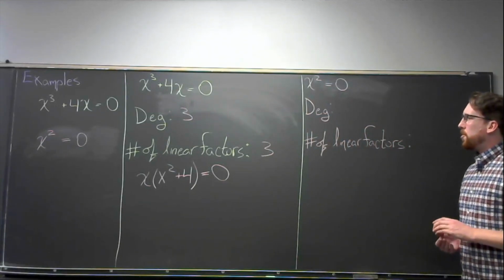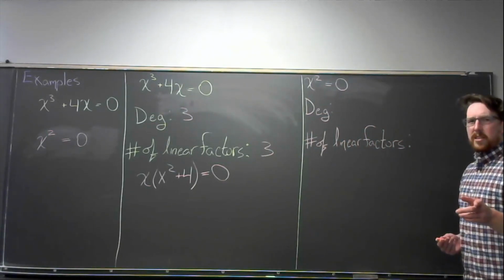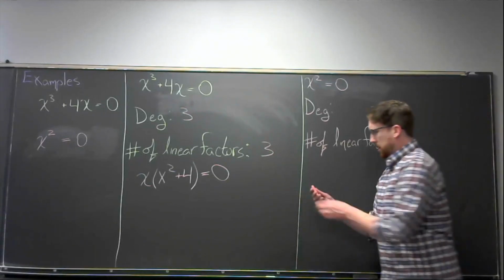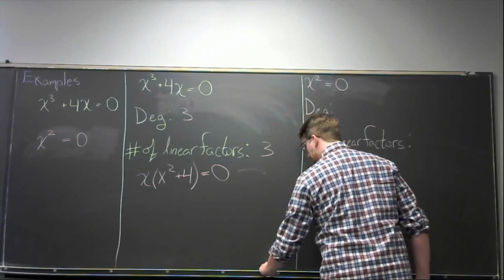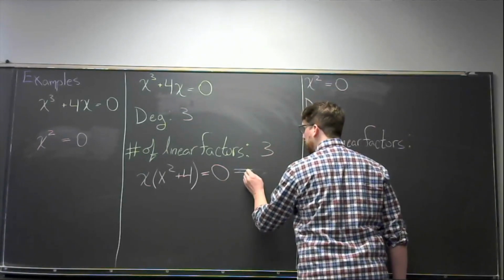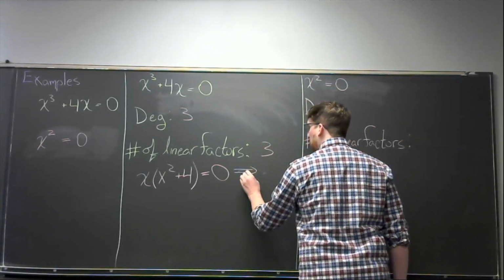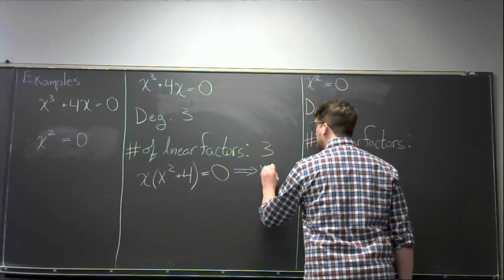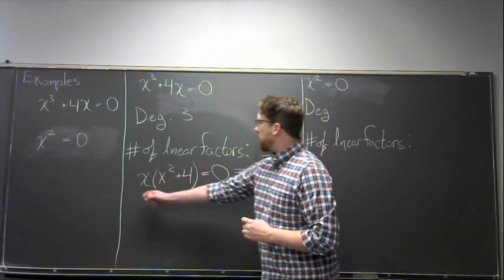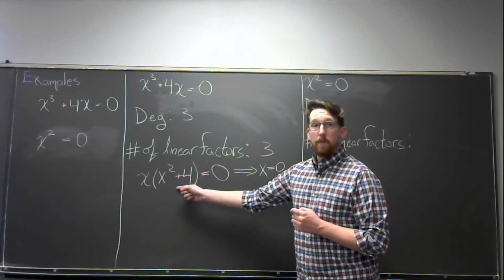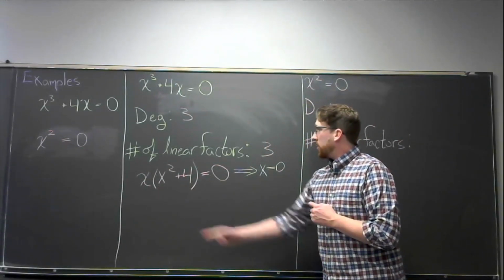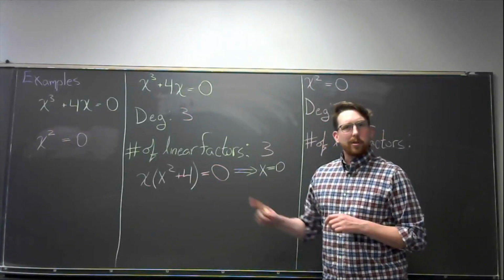From this I can see that one of my solutions will be whenever x is equal to 0, right? Because if x is equal to 0, then we have 0 times whatever is inside, which looks like 4. Well, 0 times 4 is still 0. So that's one solution.